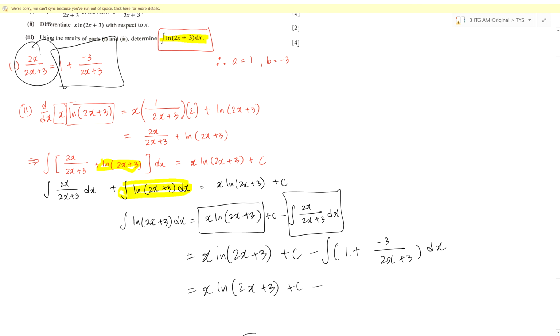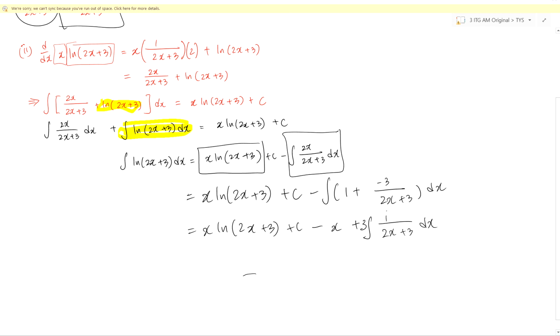Integrate 1, you get x. Here we have plus the integral of 3 times 1 over 2x plus 3 dx. This will result in a ln after you integrate. I think you can finish up everything already. But take note, when you integrate this, you will end up with another arbitrary constant.